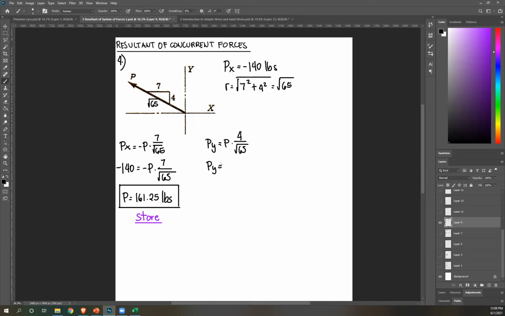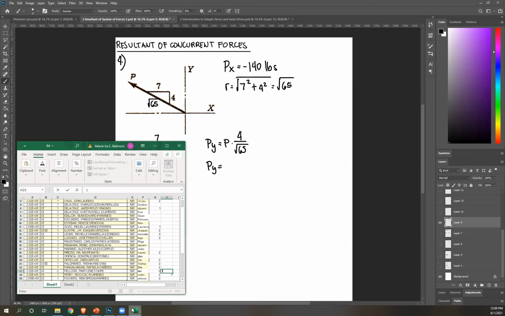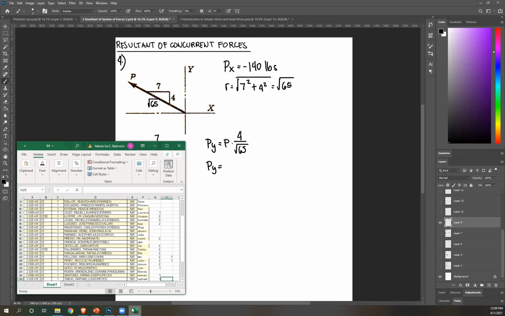Correct. It's just 80. If you use the stored value of this, you should just get flat 80. So correct, Matthew and Eman get the point.